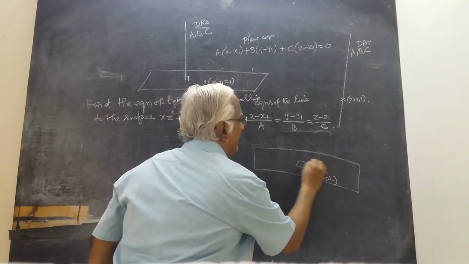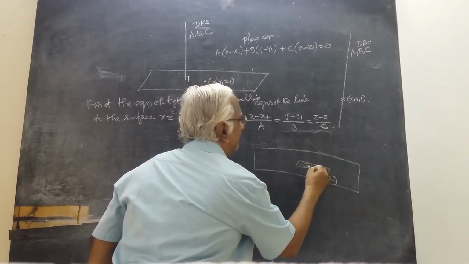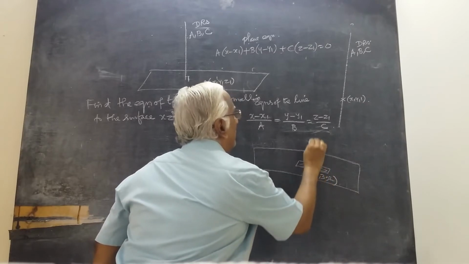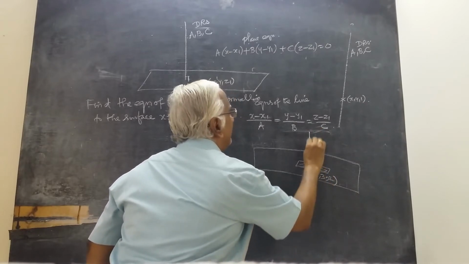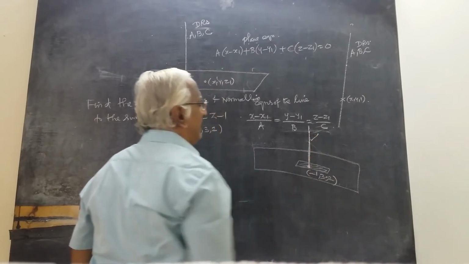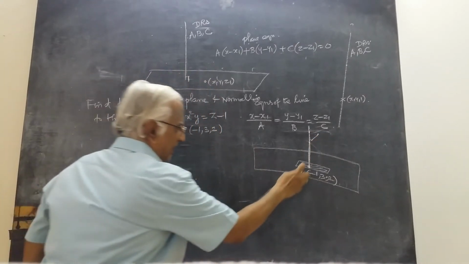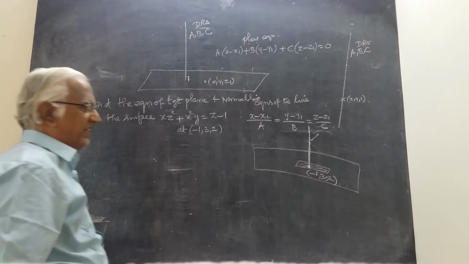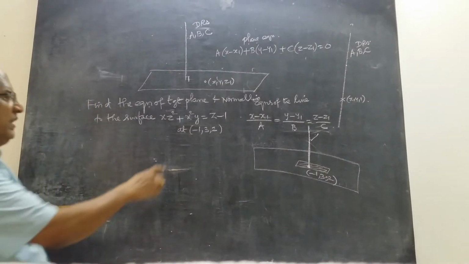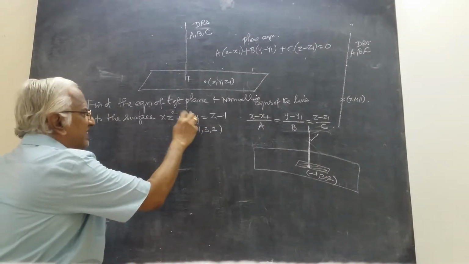Here you want the tangent plane, and you want to draw the normal. The normal is a line. They are asking for the normal equation and the tangent plane equation.